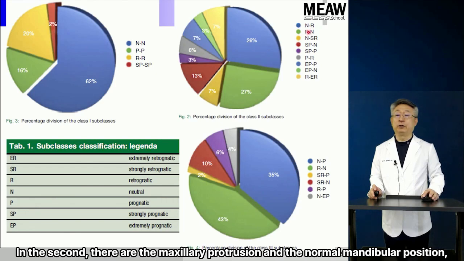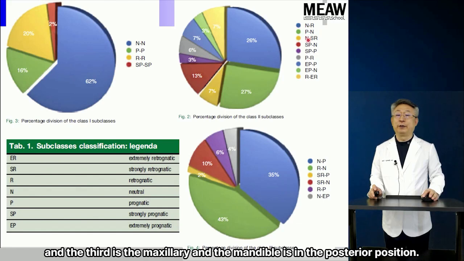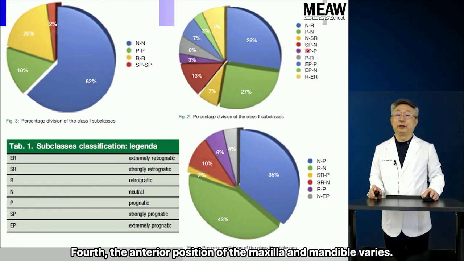In the second, there are maxillary protrusion and a normal mandibular position. The third is when both the maxilla and the mandible are in a posterior position. Fourth, the anterior positions of the maxilla and mandible vary.